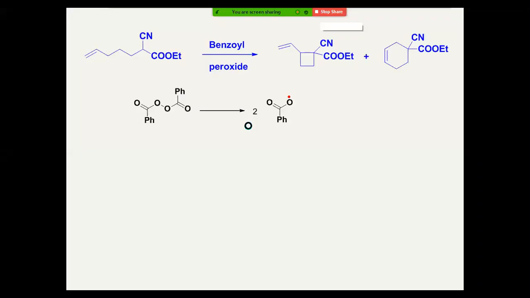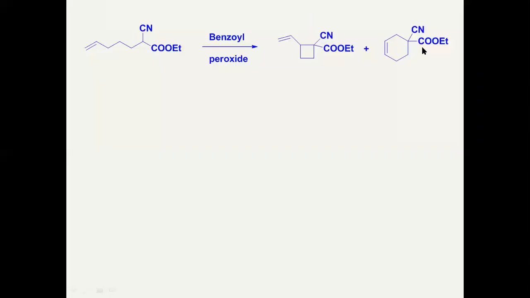That benzoyl free radical then further reacts. So how to proceed for the mechanism of this reaction? First of all, this benzoyl peroxide undergoes homolytic cleavage and this will form this radical.